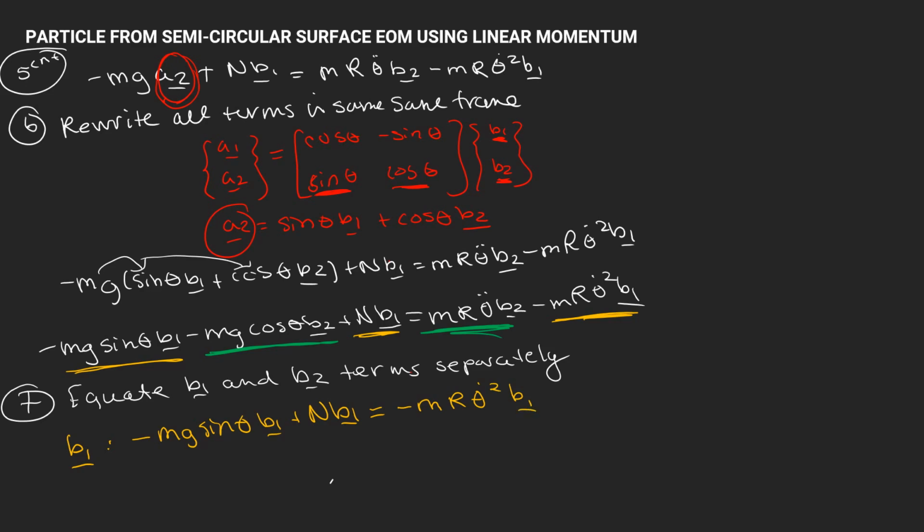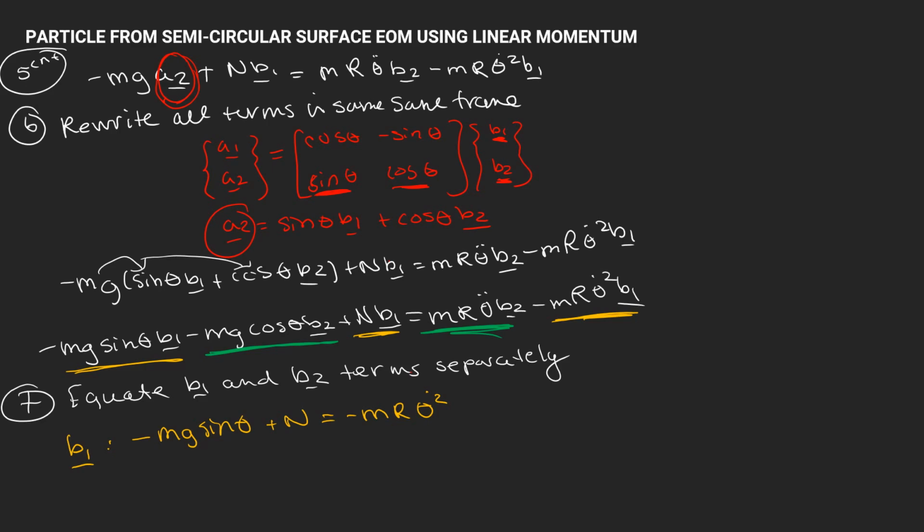And you might notice that I can simplify this relation by simply getting rid of these b1s, because they cancel each other out. So I'm just going to quickly rewrite this without the b1s to be plus n equal to negative mr theta dot squared.